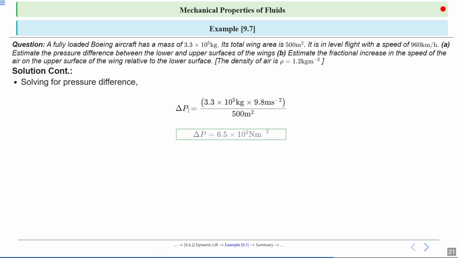Alright. So after calculating, we find that the pressure difference ΔP is equal to 6.5 × 10^3 N/m². This means the air pressure under the wing is about 6500 pascals higher than above the wing. Alright, which is enough to support the weight of the aircraft.